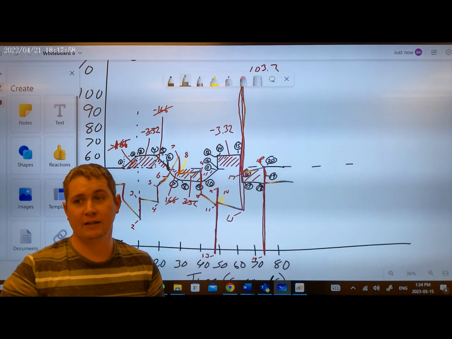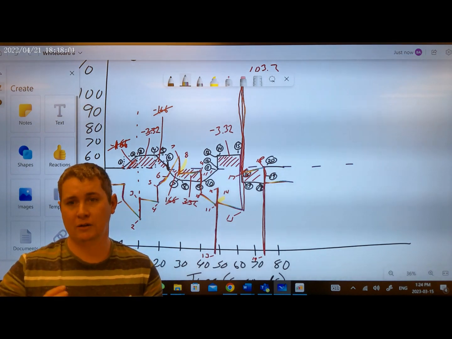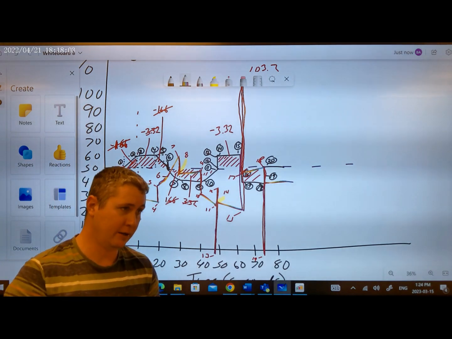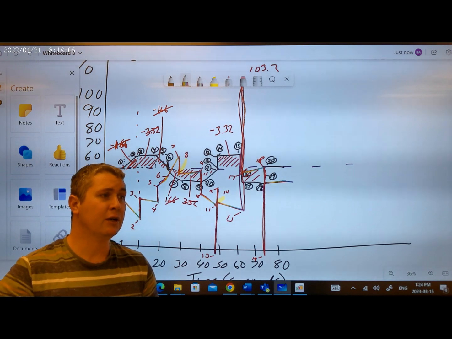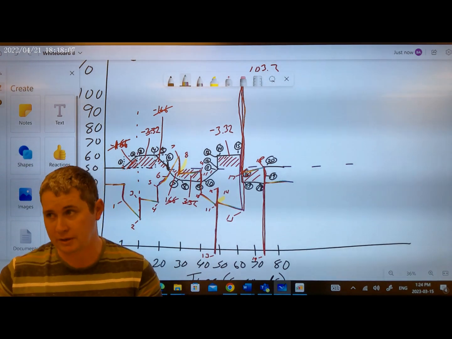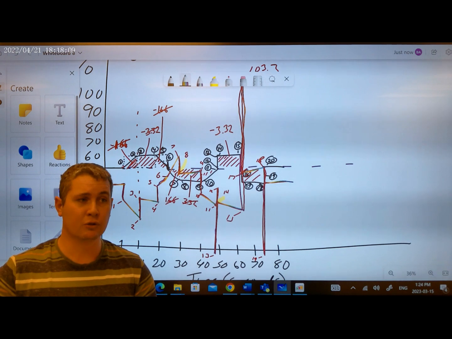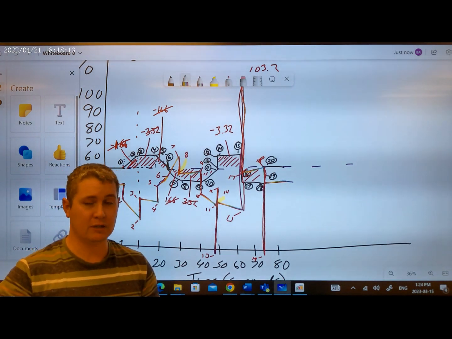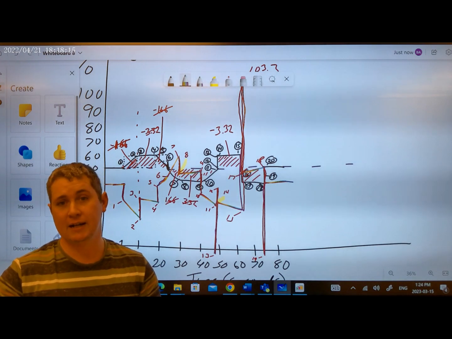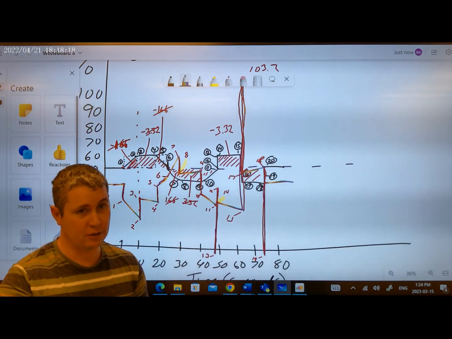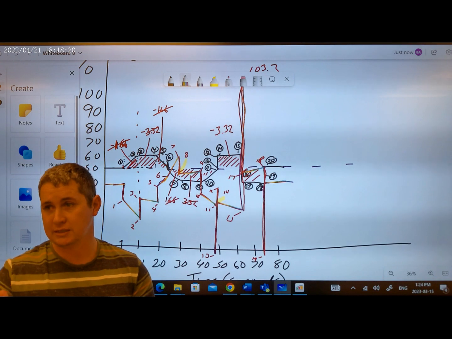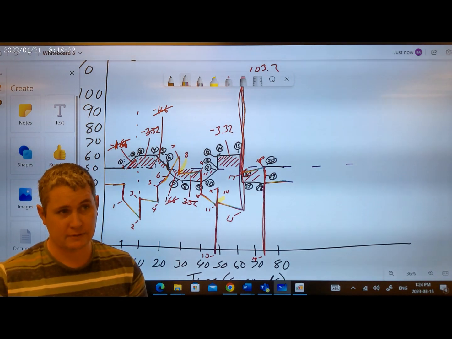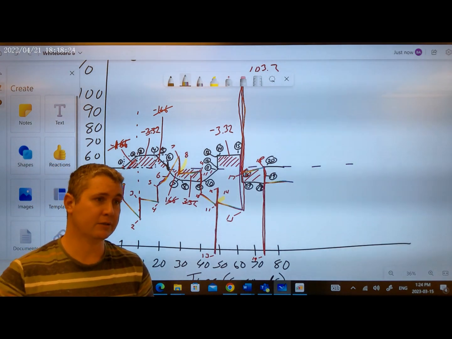So now that we've seen it, we understand how the controller is supposed to operate. The next step is getting into not just how the controller operates, but how the controller is going to affect the system. Because now we have to start seeing the dead time between when the controller actually outputs to how the system is going to respond. And then we have to look at the time constant.